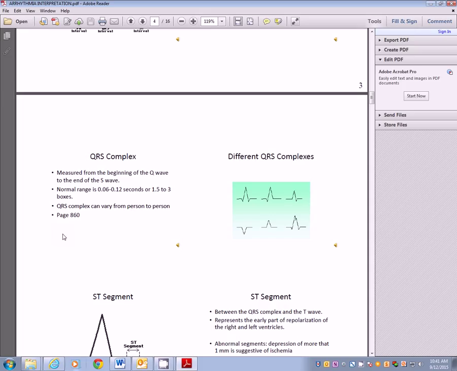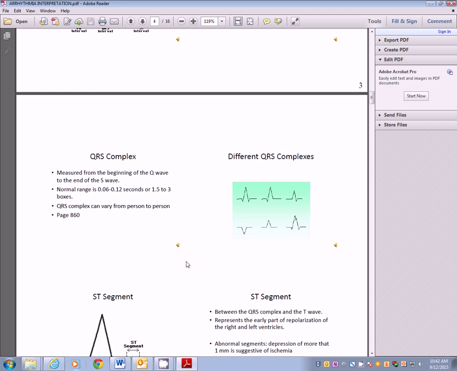Once it starts deflecting back up and starts that straight line, that's where you would measure to. And here it's almost 2 boxes, okay? It also tells you there the QT interval. You will not be measuring that. You only have to measure the PR and the QRS intervals, okay? So that's all you need to worry about.